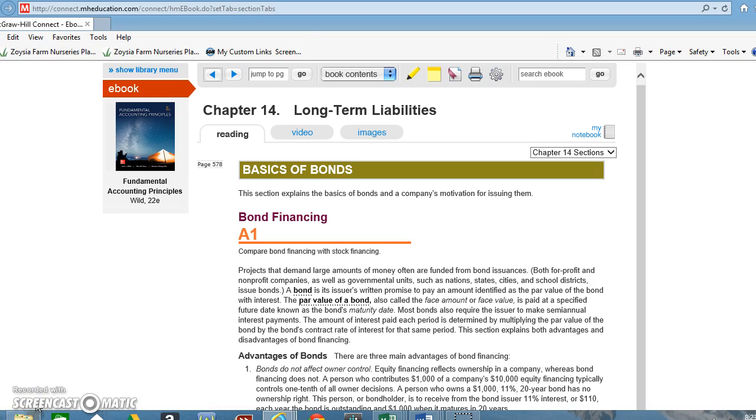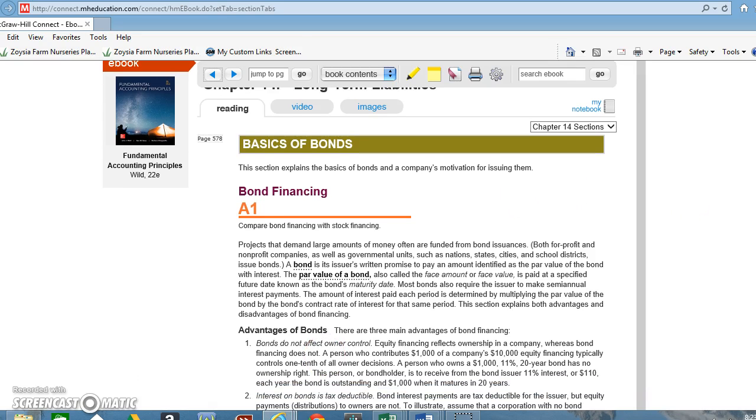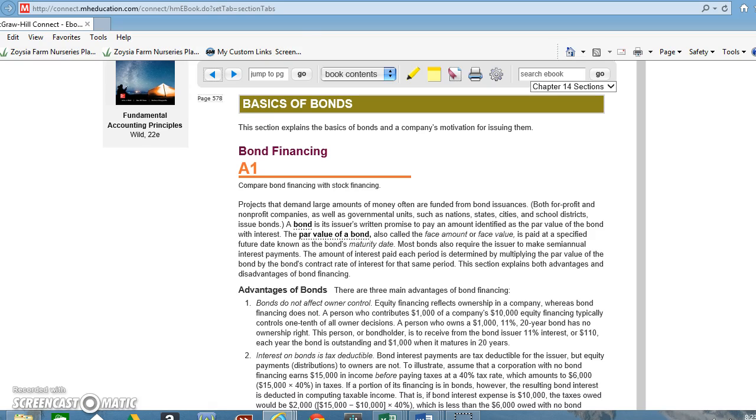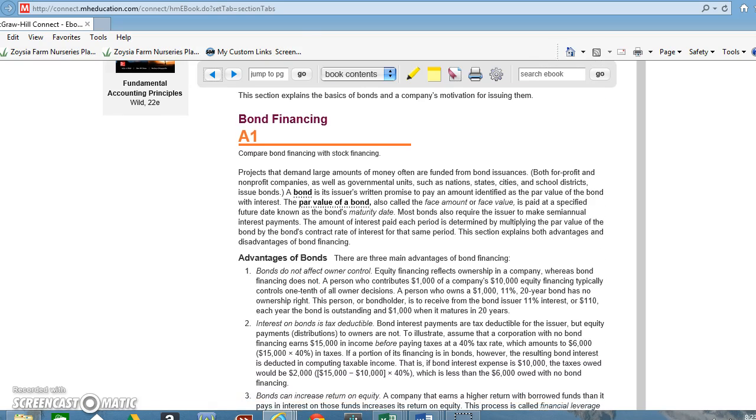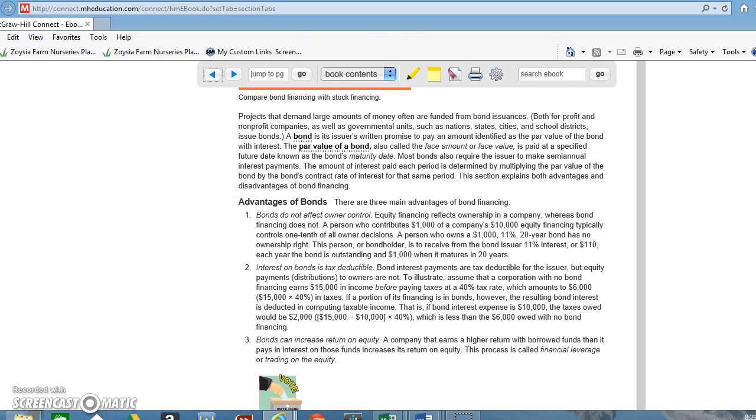Here I am in chapter 14. Chapter 14's all about long-term liabilities. We start off with the concept of issuing bonds, and A1 is all about what a bond is, a lot of the particulars. I think these advantages of the bonds here are going to be quite helpful for you.